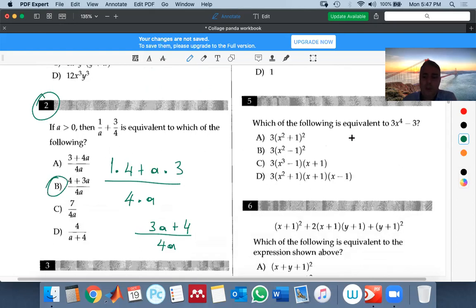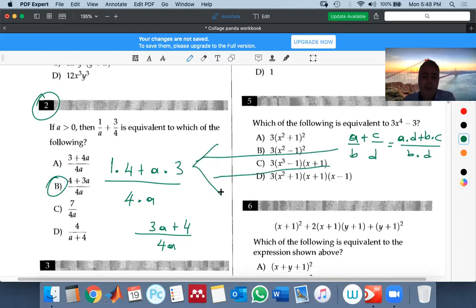You know this rule. I use this rule here. Okay?